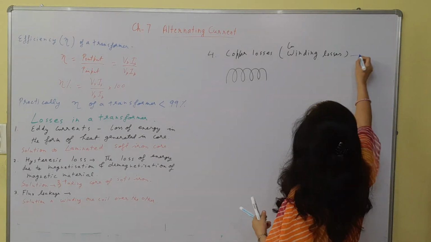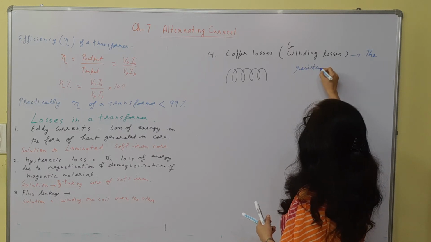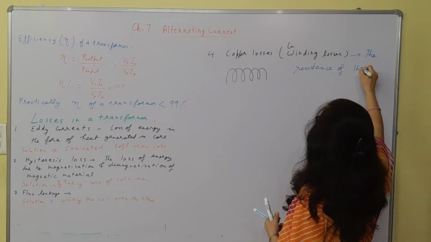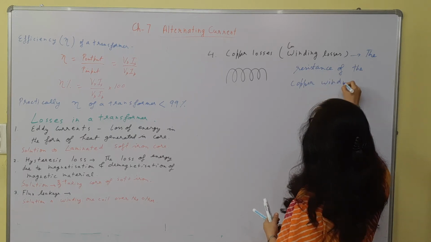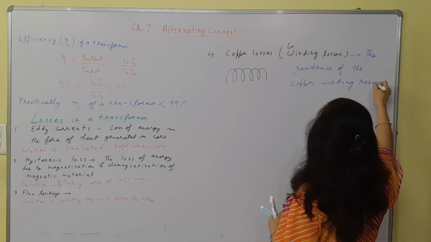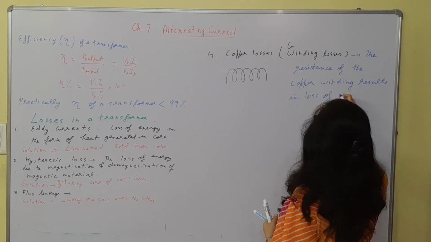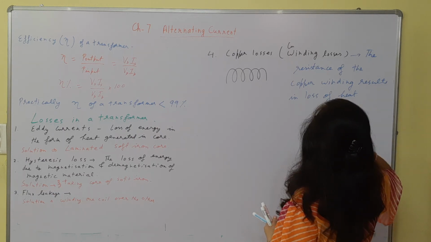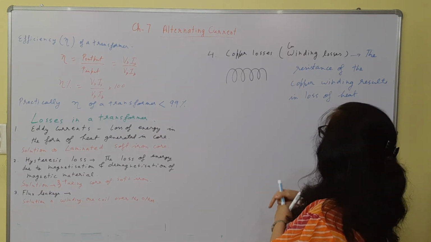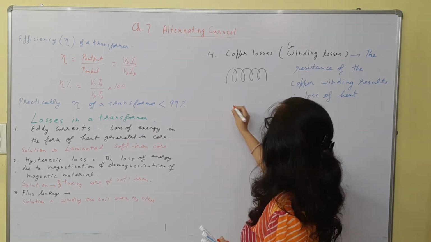So the resistance of the copper winding results in loss of heat, right? So therefore this is reduced by taking thick copper winding.